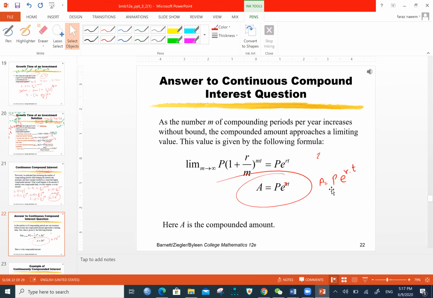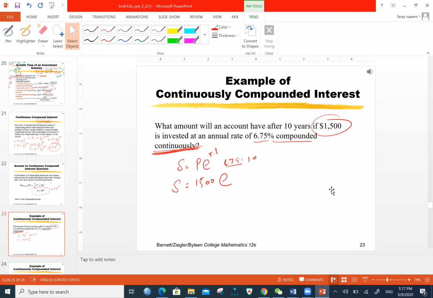For example, here: what amount will an account have after 10 years if $1,500 is invested at an annual rate of 6.75%, compounded continuously? You can see clearly the word continuously is written in the statement, so we need to use the compound interest continuous formula.